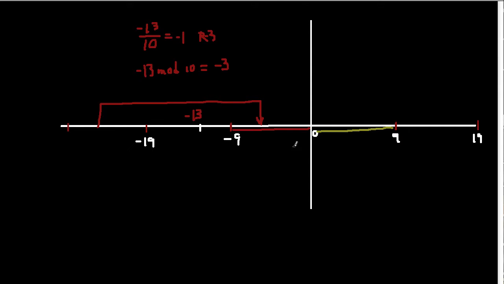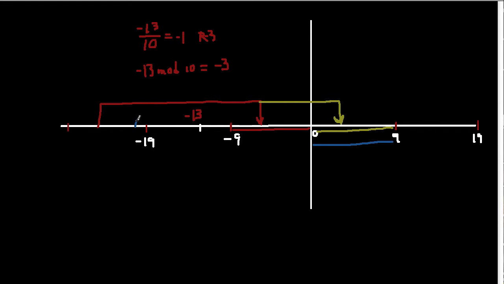But sometimes that's not what I want my modular operation to do. Sometimes I want it to take these negative numbers and map them here as positive numbers. In other words, I want everything to map into the 0 to 9 interval, whether it's positive or negative.